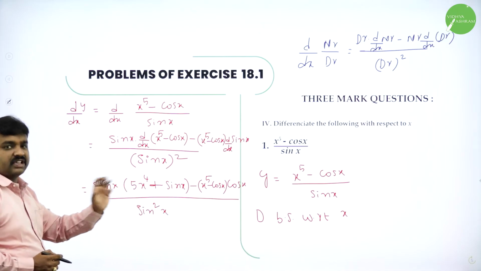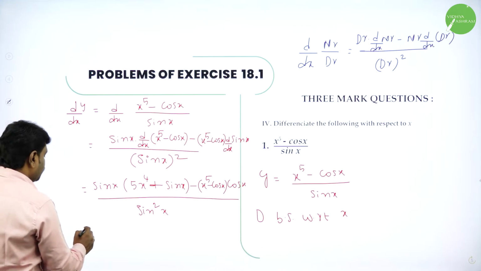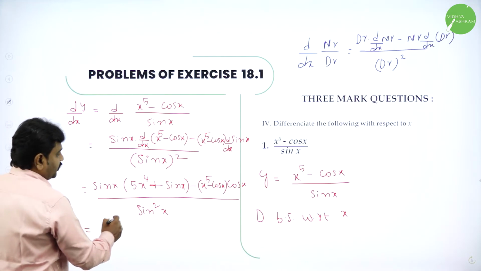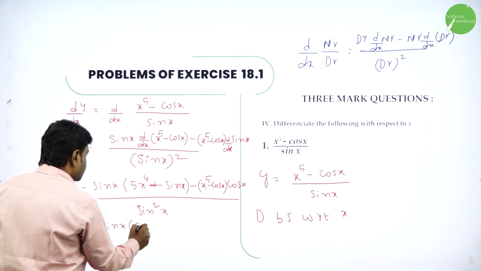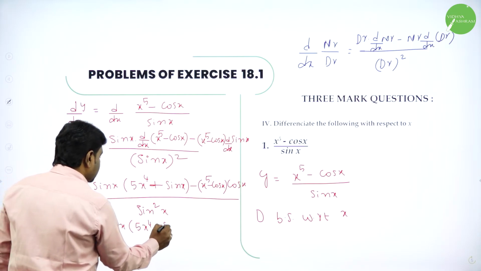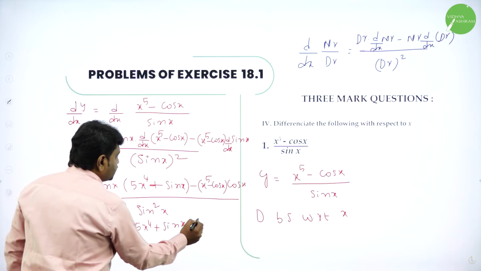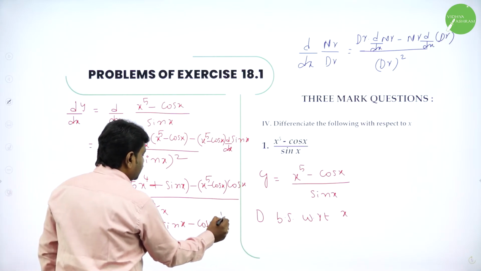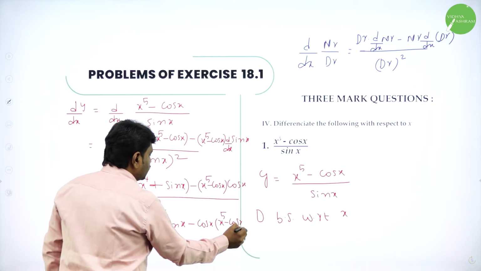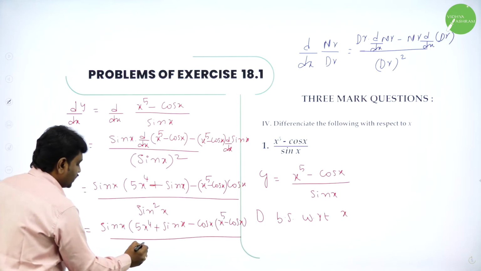So now simplify this further. If you simplify this further, dy by dx is sin x into 5x power 4 plus sin x minus cos x into x power 5 minus cos x divided by sin square x.